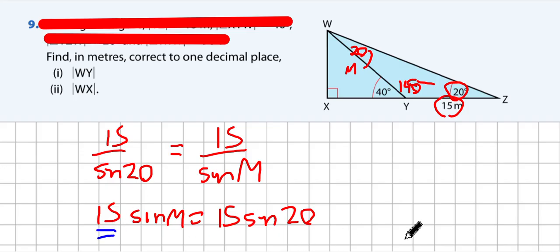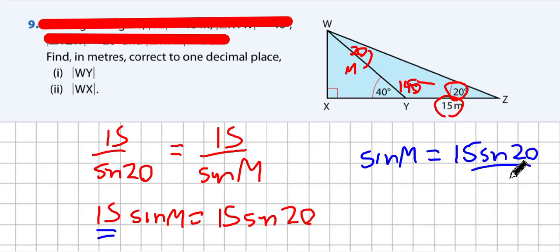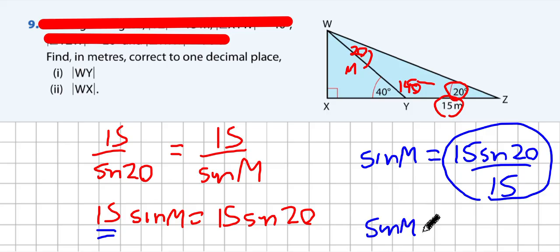So what do I do with the 15? Put it under. So it's 15 sine 20 over 15. This is sort of all unnecessary, but we can still do it. So what happens when you throw it in the calculator? 342. Sine inverse that then, and you get your angle.